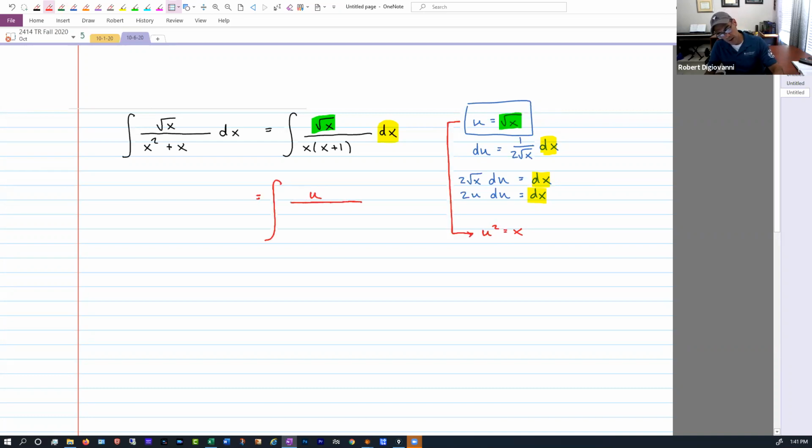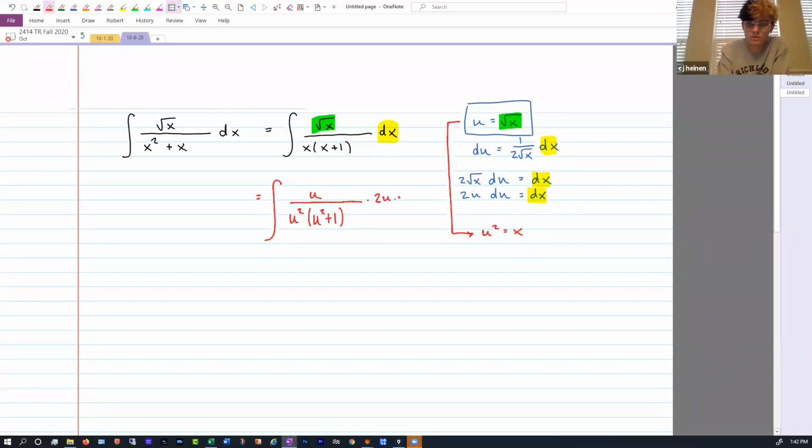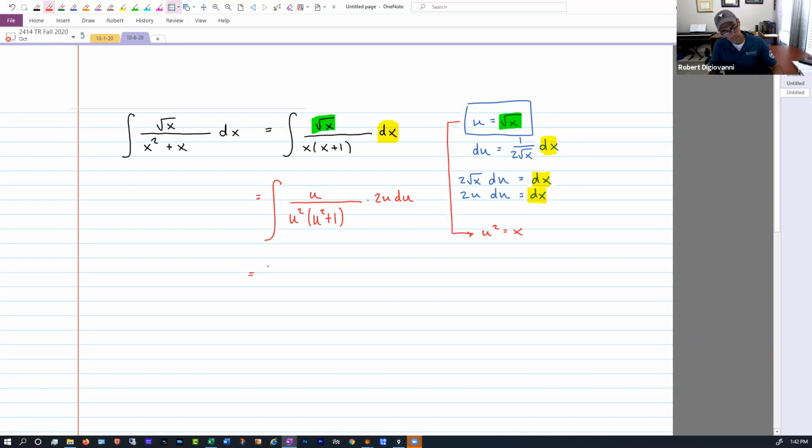On the bottom, we have u squared times u squared plus 1. And then dx becomes what? 2 square root of u. No, just 2u, not the square root. The square root of x got replaced with u.